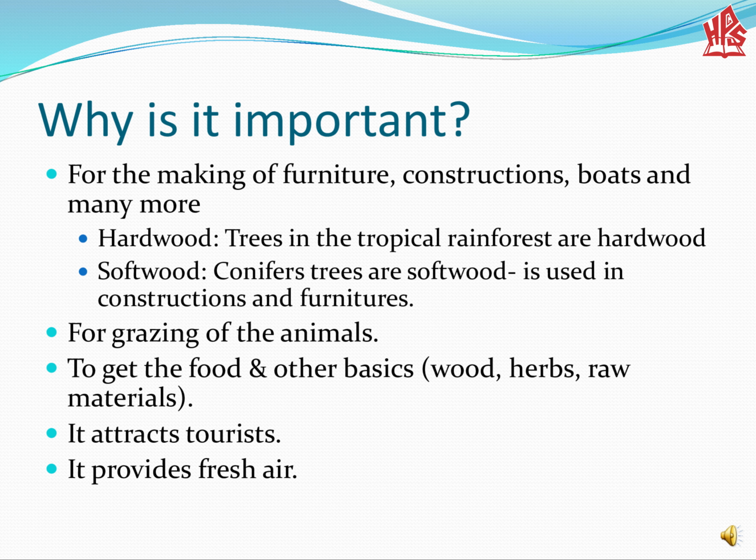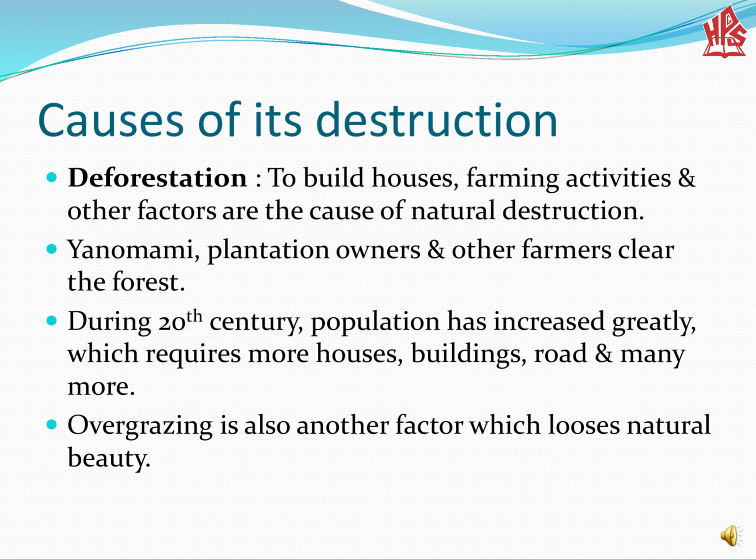Hardwood trees in the tropical rainforest areas are the hardwood forests, such as we have discussed about the areas that lie on the equator line, like Africa, Amazon and other parts of the world. When it comes to softwood, coniferous trees are softwood. It is used in construction and furniture also. And the same points we have already discussed in the previous slide.